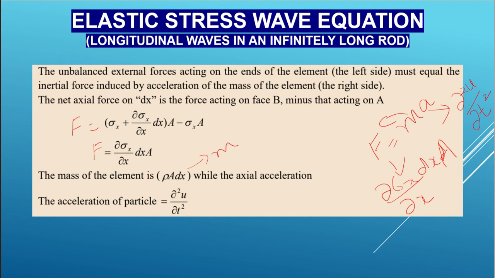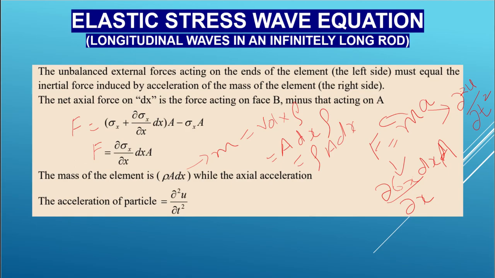Density is equal to mass by volume. Mass is equal to volume into density. Here volume is area into dx, times rho. So rho A dx gives mass.